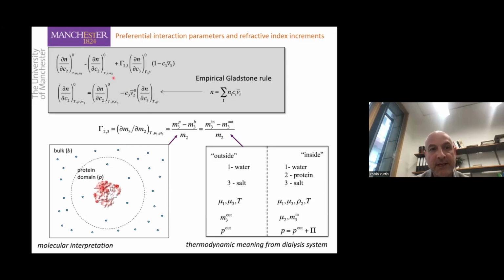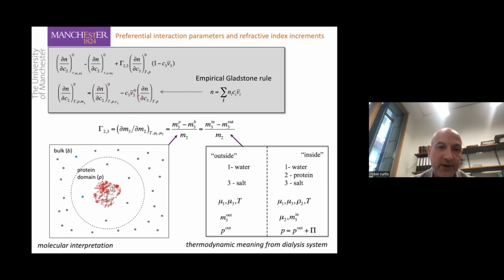As I said earlier, static light scattering depends upon the refractive index increment measured at constant chemical potential. This increment at constant chemical potential is related to the increment at constant molality, plus a term related to this preferential interaction parameter. In addition, you can relate the refractive index increment at constant molality to a term at constant concentration, which you would expect to be relatively constant because refractive index is usually related to molar volume concentrations.